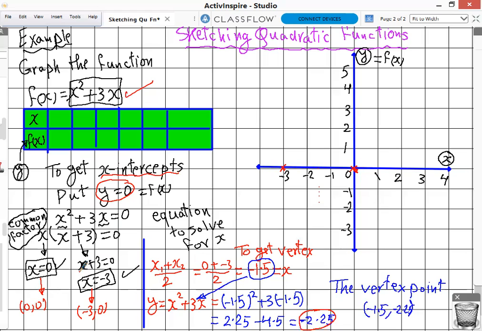Okay? It's not about factorization. The main operation is to put y equal 0. You understand? Then after that, you will take the two values of x, add them, and divide by 2 to get the value of x.